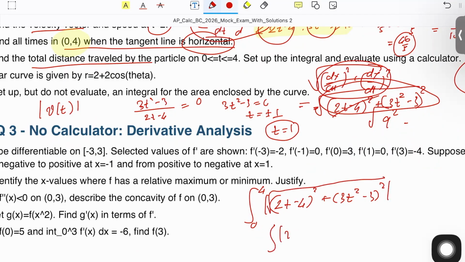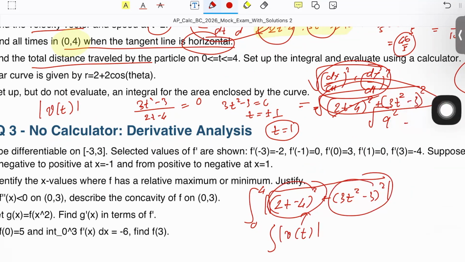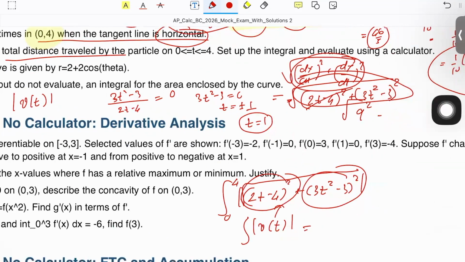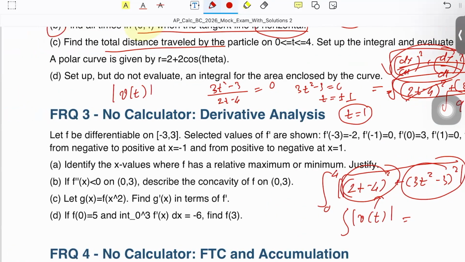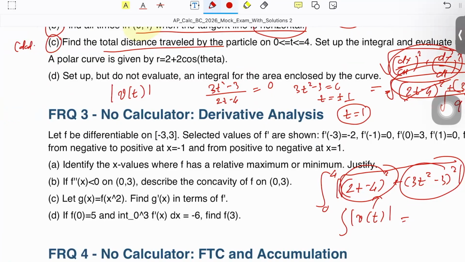So this is the total distance, and for v(t) you square each one and add them like the speed. And for this question you can just put it in the calculator, from 0 to 4. It gives you 24.183. That's just the solution on the back. Okay, so this one is just calculator.